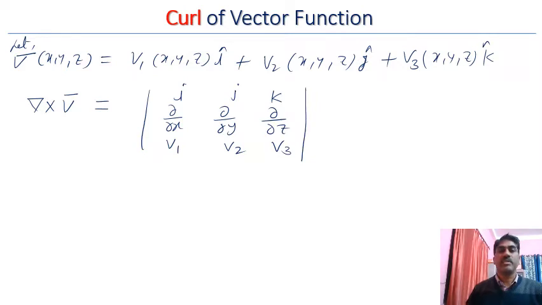This is precisely how we find the curl. So curl is del cross v.